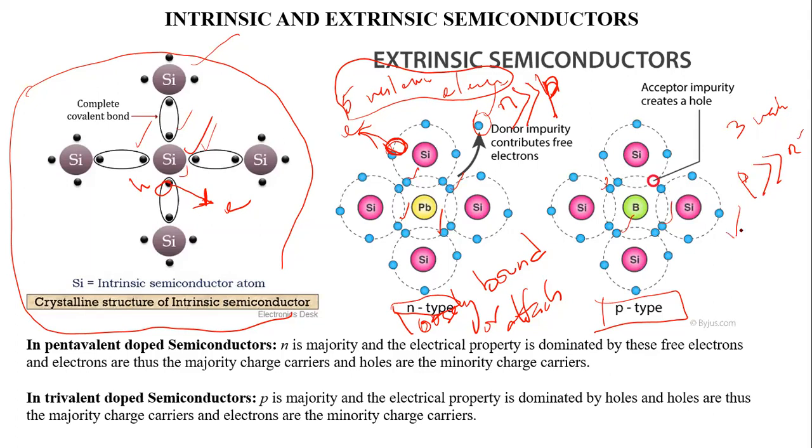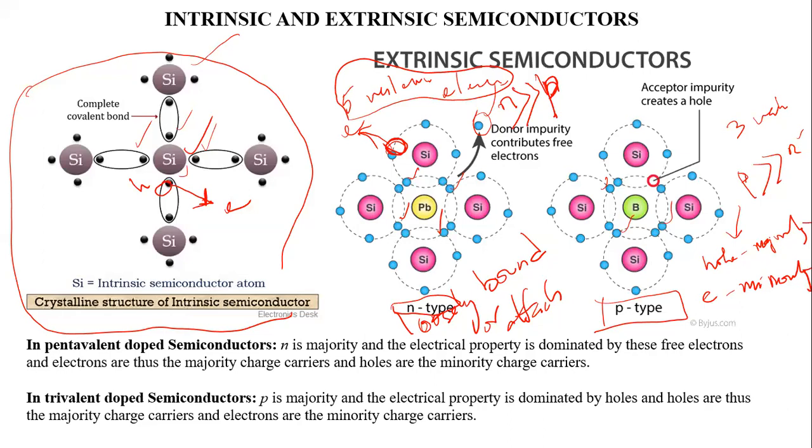So holes are the majority charge carriers. Electrons are minority charge carriers in a p-type semiconductor. That's how we classify the charge carriers: which is majority, which is minority.